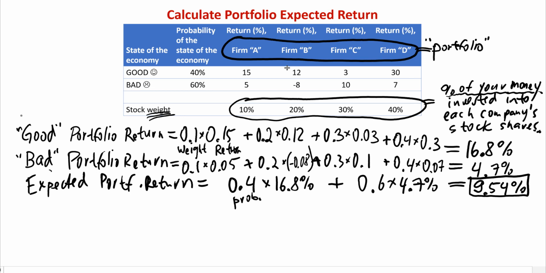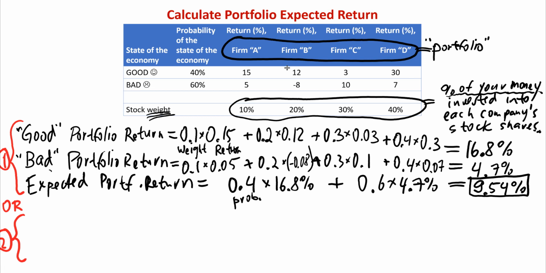So this is one way of calculating portfolio return. And now expected return on the portfolio. Now let's look at a different solution.